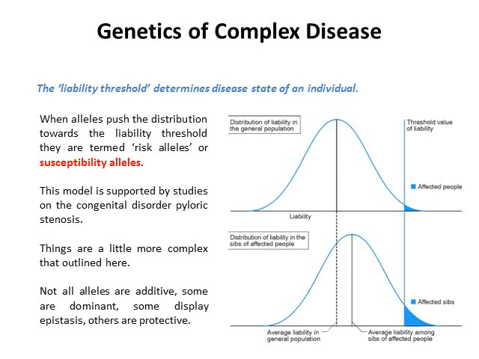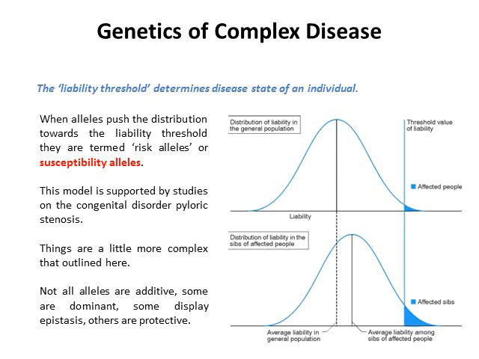If we take that a little further, think about an affected girl, a girl who has suffered from pyloric stenosis, who then goes on to have children. If she's been affected by pyloric stenosis as a baby, it suggests that she's operating at the very end of this curve. In other words, she must really have a lot of these susceptibility and risk alleles present in her genome in order to have manifested that disease.